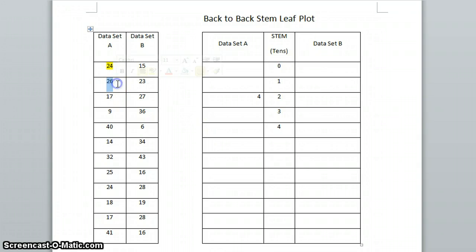So here my next number is 26. So it's in the 2 tens column, and I enter 6. So I can read it backwards, 26. So I'm just going to do that for all of my data.